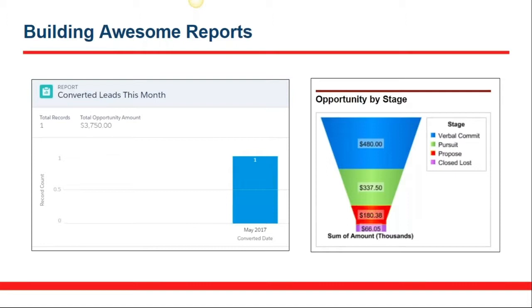If you want to show, for example, your conversions of leads to SQLs each month, there's a great report out of the box if you're using a leads object. That's going to show you the lead conversion rate. So that's bringing the lead in from lead generated basically to SQL. And you can see that. The report on the right is just opportunities by stages. And this is where we've simplified. We've taken a step back and simplified our opportunity stages based on what we really want to know.